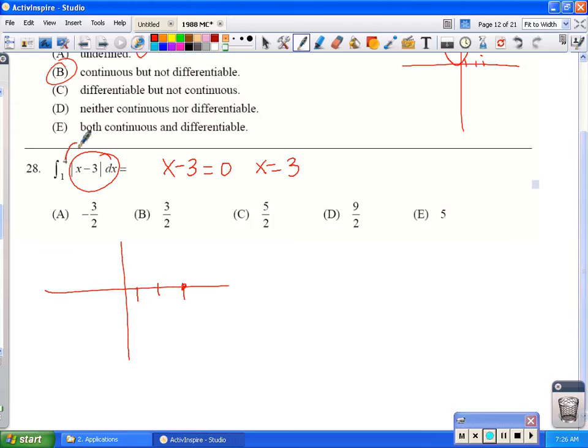Now you want to find the y value of 4, so I put 4 in. 4 minus 3 is 1, and the absolute value of 1 is 1. You want to substitute in 1. 1 minus 3 is negative 2, and the absolute value of negative 2 is positive 2, so you get (1, 2).